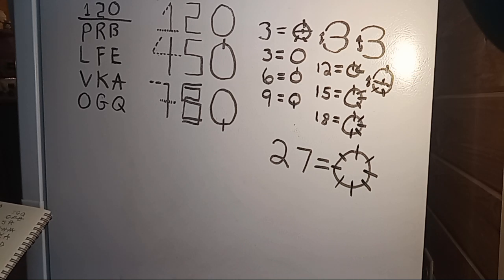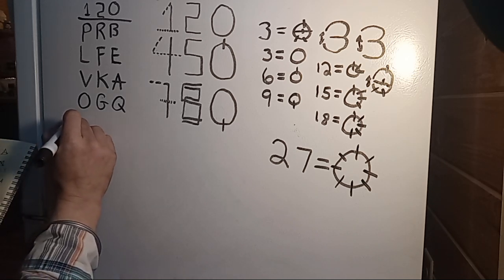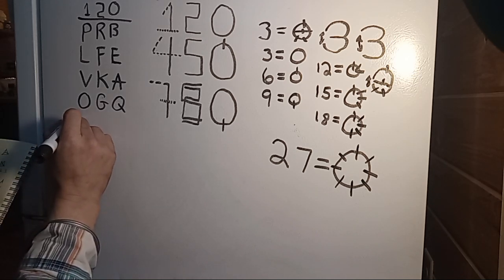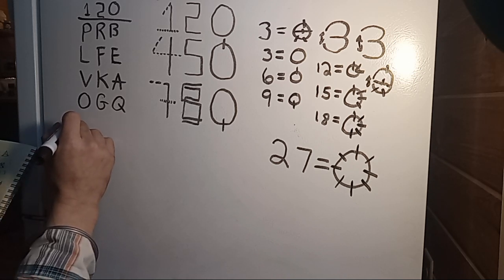I must have been writing these down somewhere else. Okay, here we go. These are just going to be out of order, and there's a lot of different possible combinations that these could be.